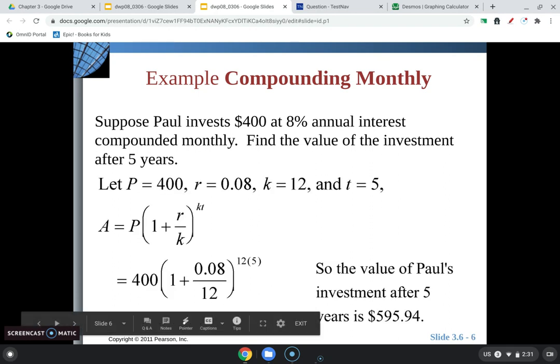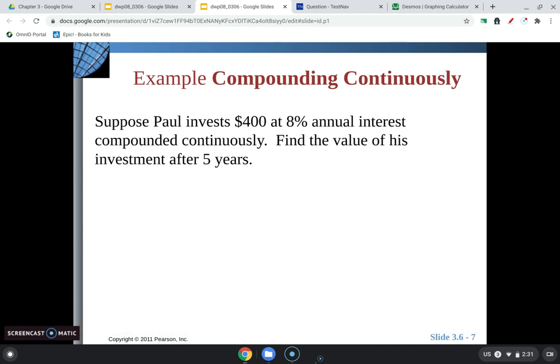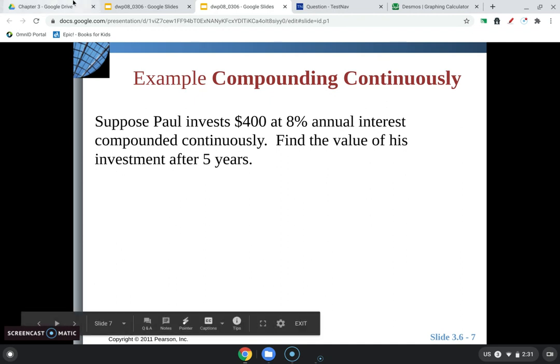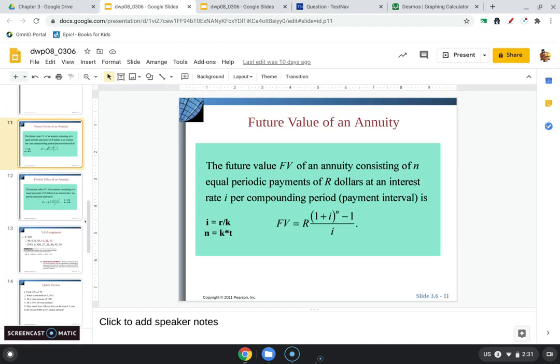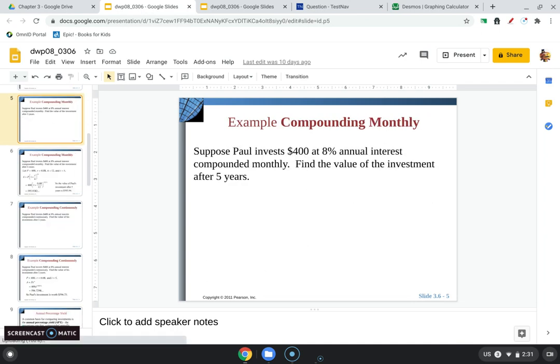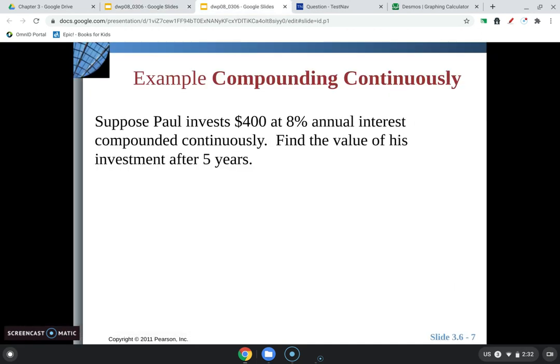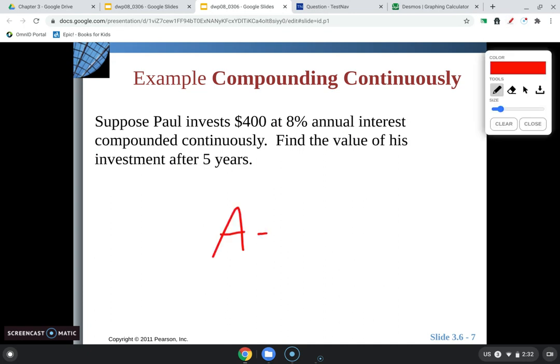The more times that it compounds, that's better for you because that means the interest is getting compounded. You make more money. Okay? Suppose he did the continuous. Well, what is the continuous equation? Continuous was A equals P times e to the RT.